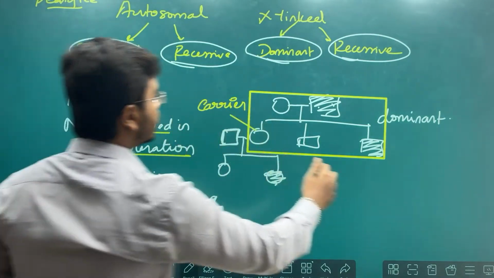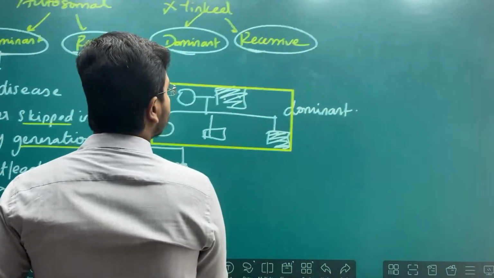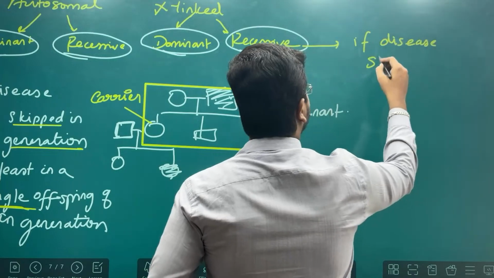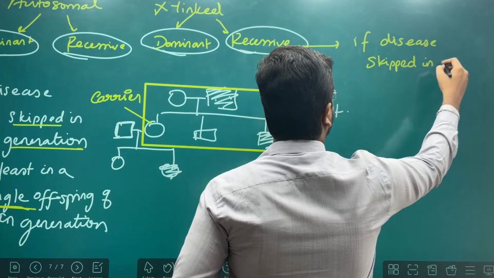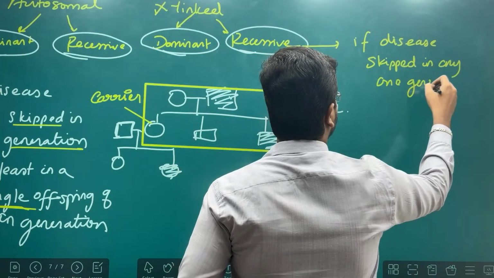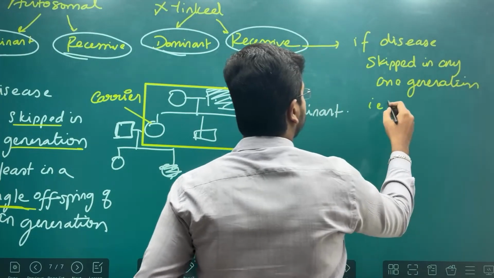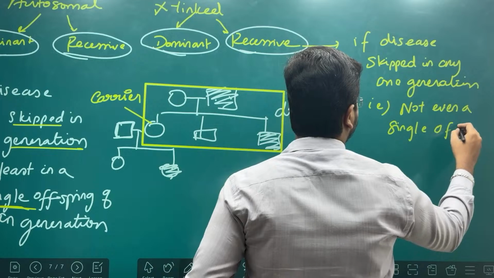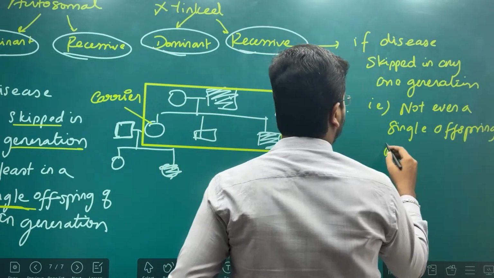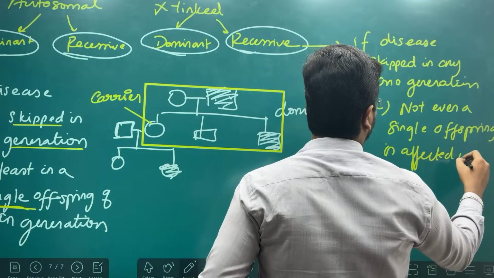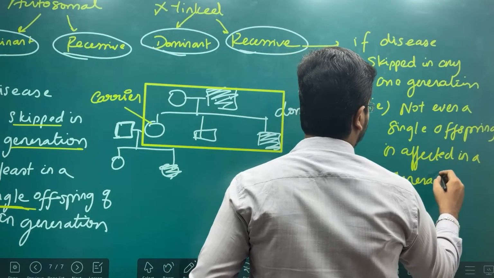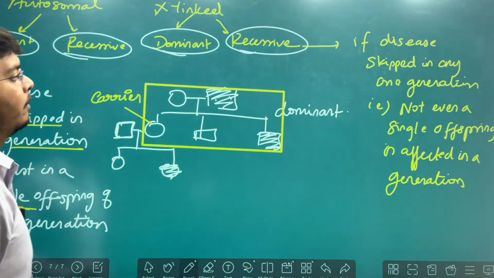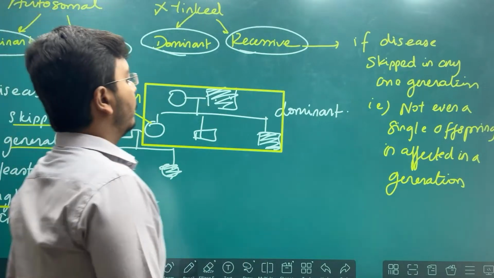Okay, what is recessive? Recessive means if the disease skipped in any one generation, that is, not even a single offspring is affected in a generation, then what I call it as recessive.